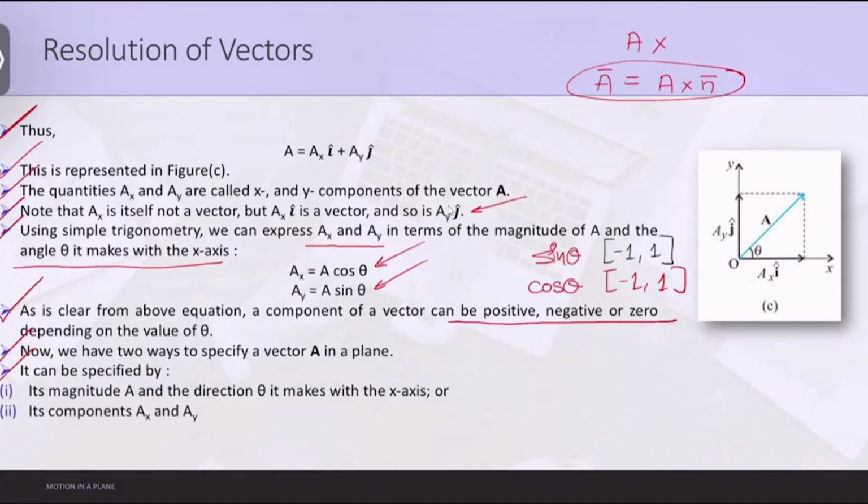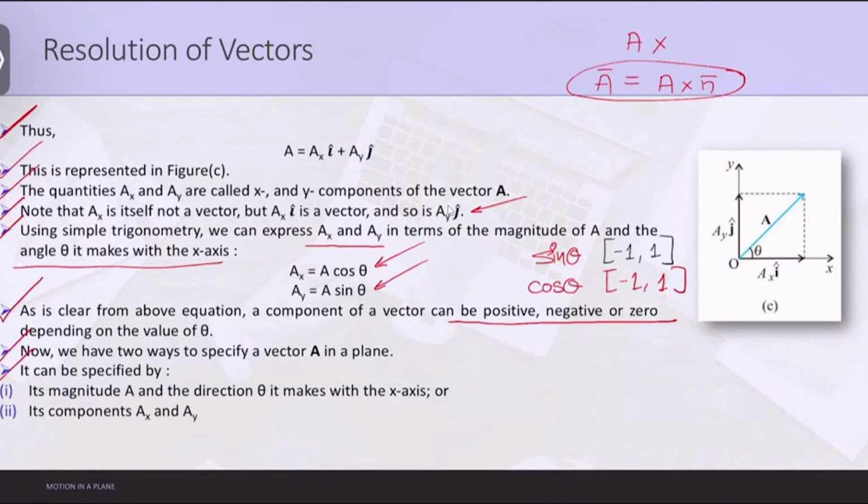Or I give you the values of AX and AY, and we can calculate the value of A. In graphical terms, it is the resultant of the parallelogram law.